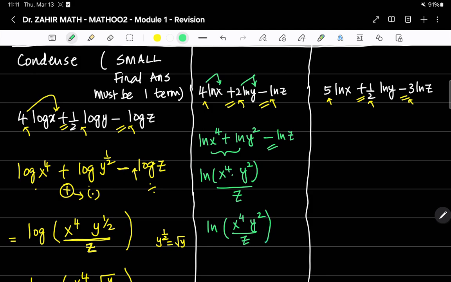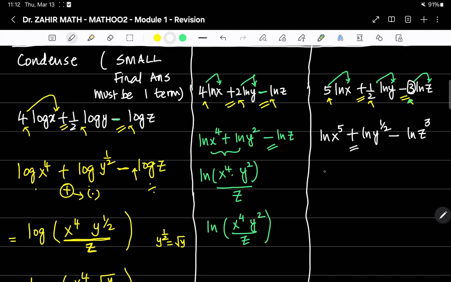Clear? Next, take the 5, the half, and the 3 to the top. This becomes ln x to the power of 5 plus ln y to the power of 1 by 2 minus ln z power 3. I take only the 3, not the minus, because the minus means I make it divide.